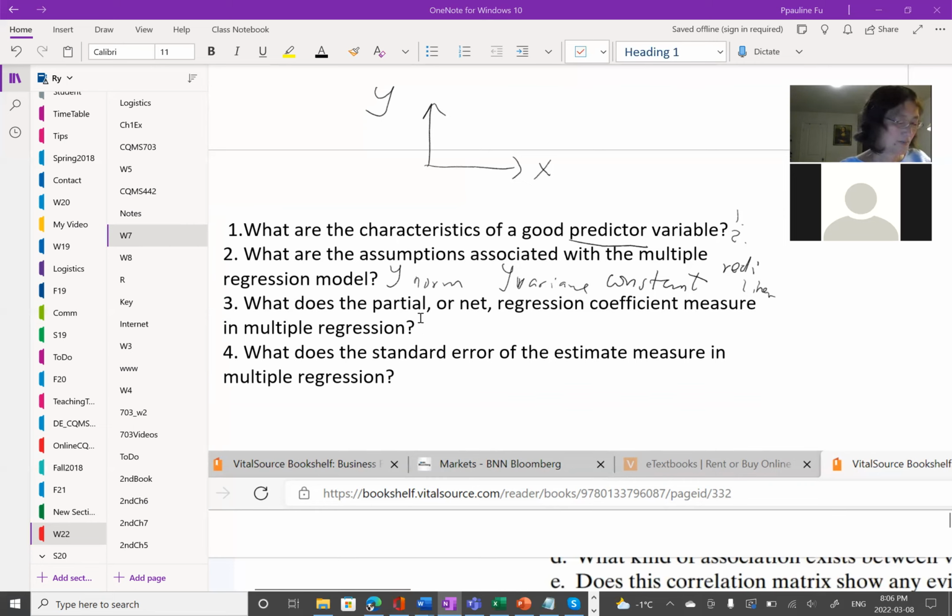The partial coefficient measures the average change in the dependent variable per unit of the independent variable, holding other independent variables constant.